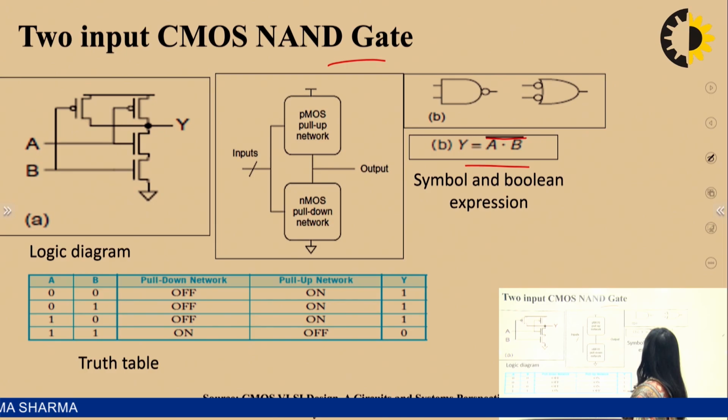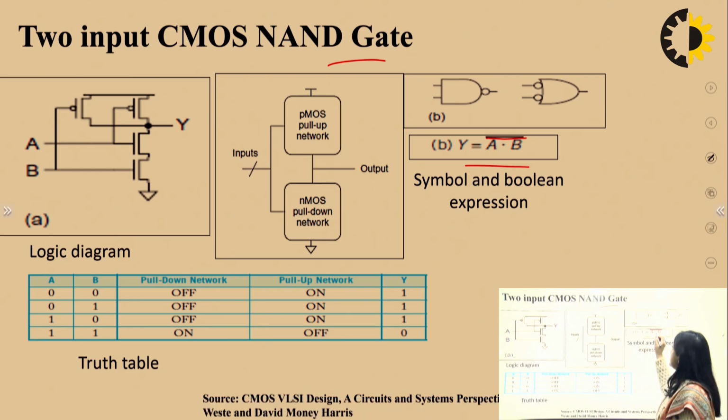So if there is a whole bar, then the logic is very simple. Just see what the operation is over here. There is an AND operation. For AND operation, the thumb rule is that NMOS should be connected in series.